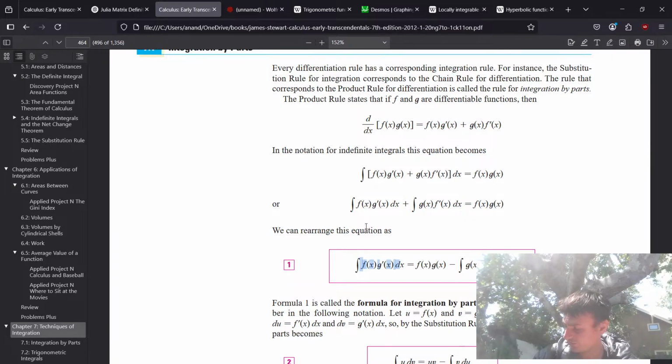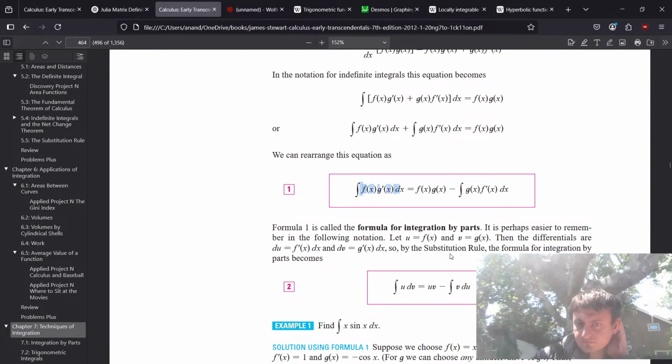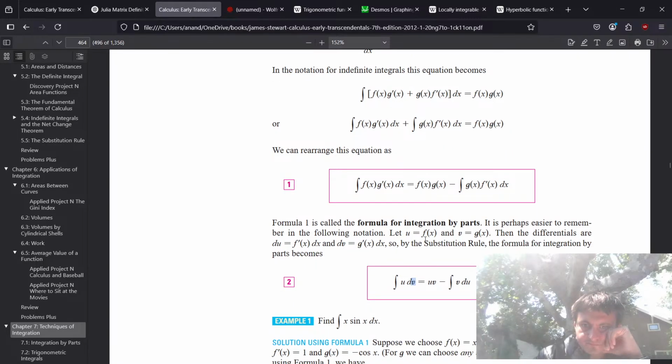g of x f prime of x dx. Where's this dv coming from? It is perhaps easier to remember.